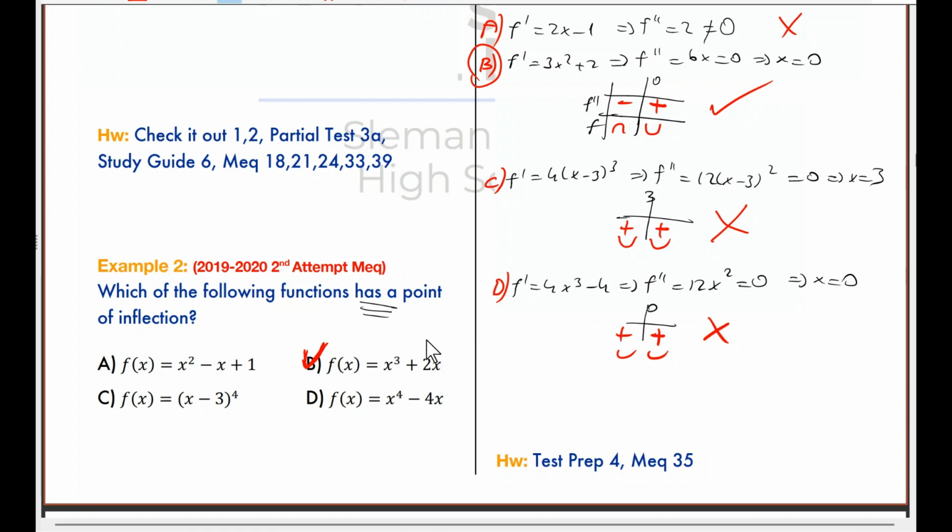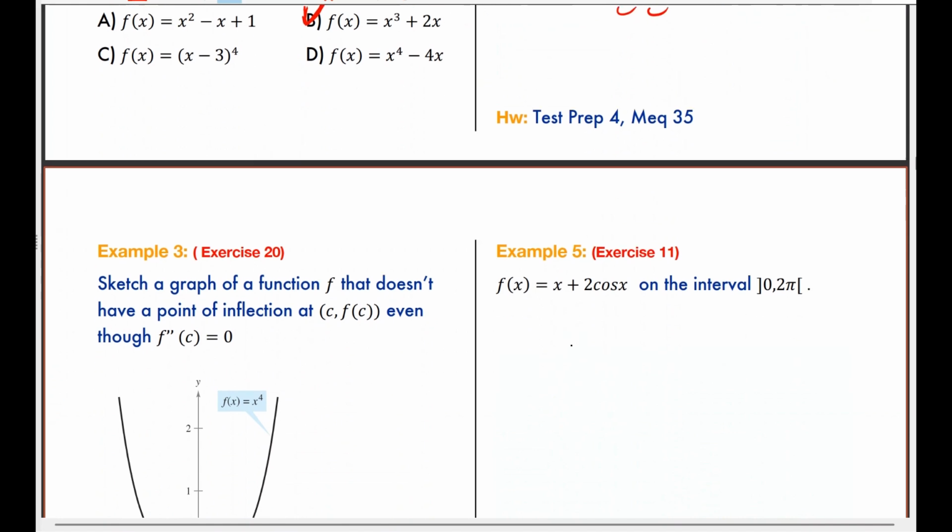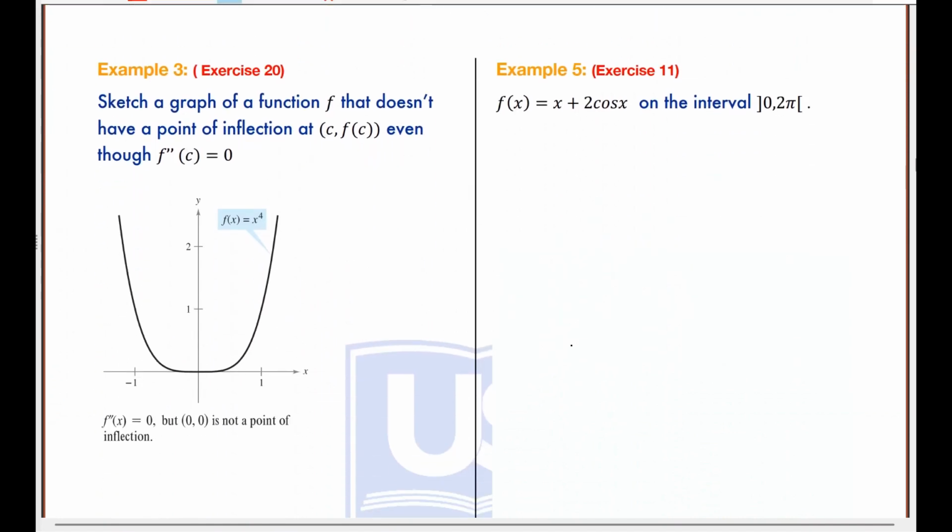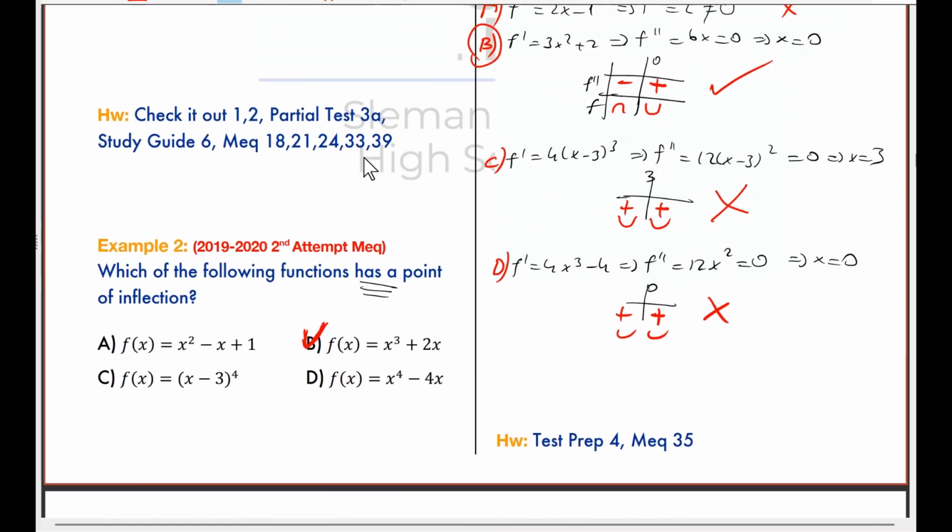As you can see in option C and D, we have quartic functions and we didn't have point of inflection. So we have a similar question in the exercises part in the book, exercise 20. It's also about quartic function. Sketch a graph of function f that doesn't have a point of inflection at c, even though second derivative is equal to 0, just like in option C and D in the previous question.